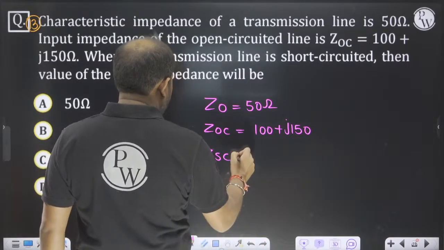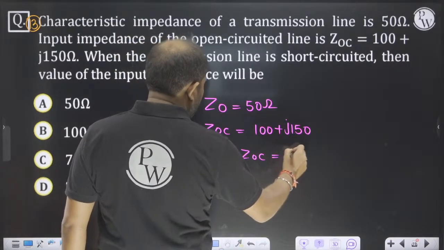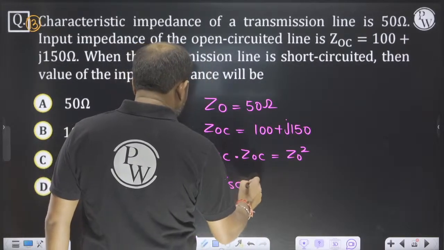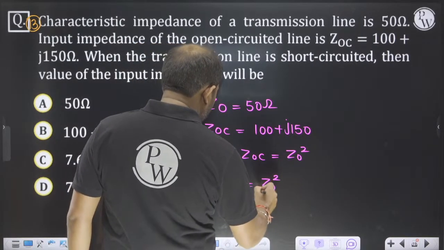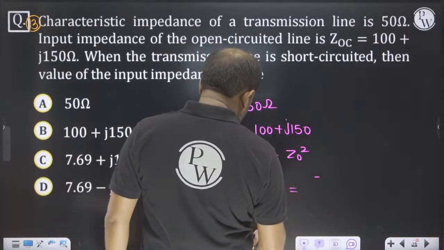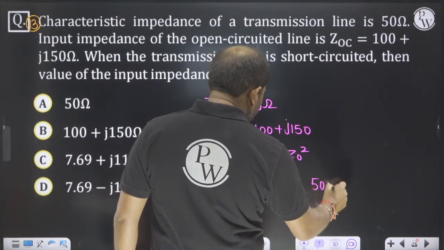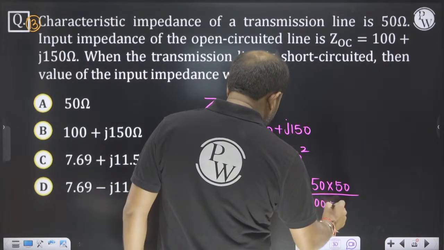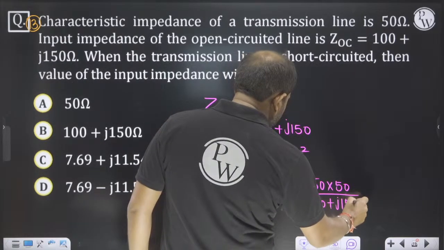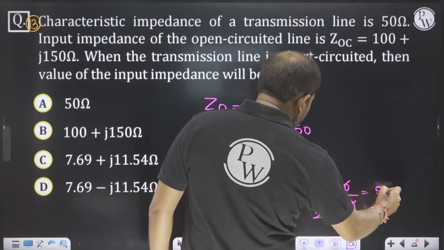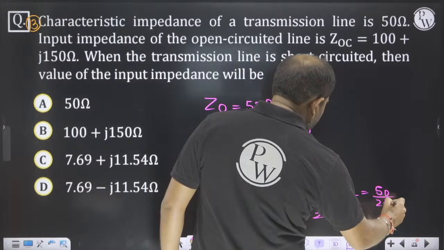ZSC into ZOC is equal to Z0 square. So ZSC will be equal to Z0 square upon ZOC. That means 50 into 50 divided by 100 plus J150. So it will cancel out 3, 2. So 50 divided by 2 plus J3.